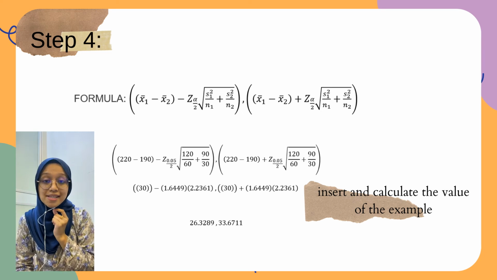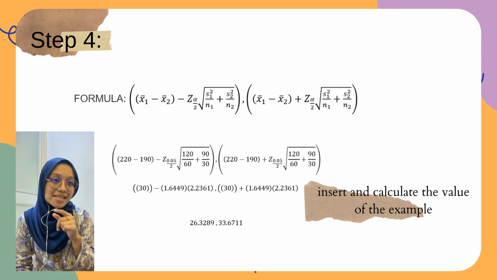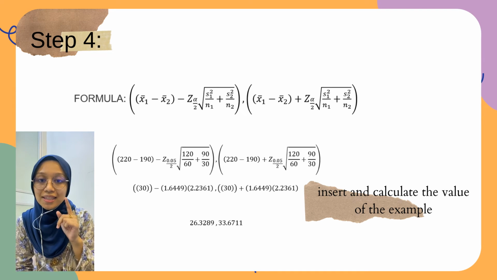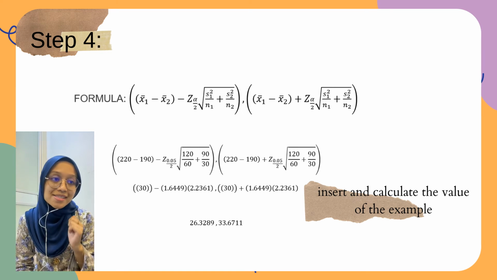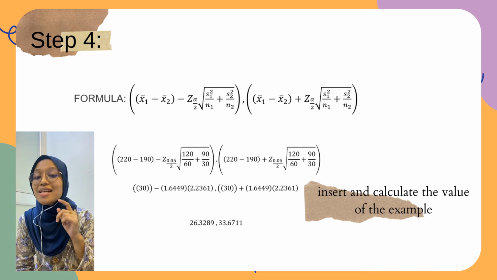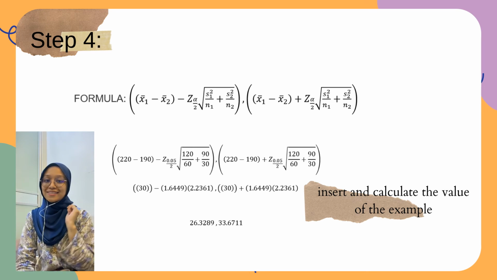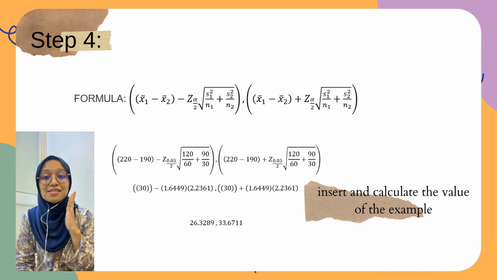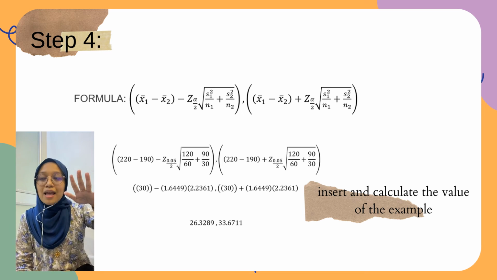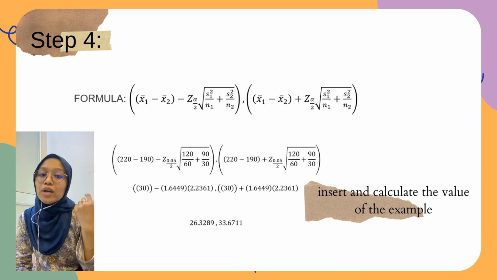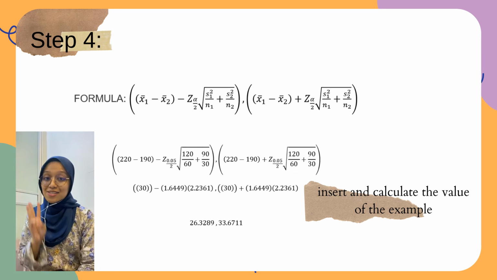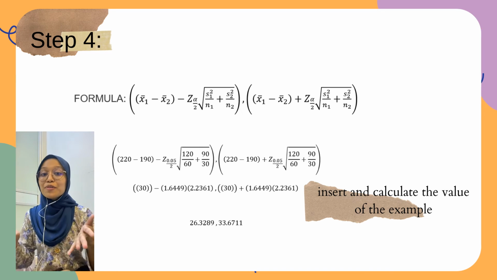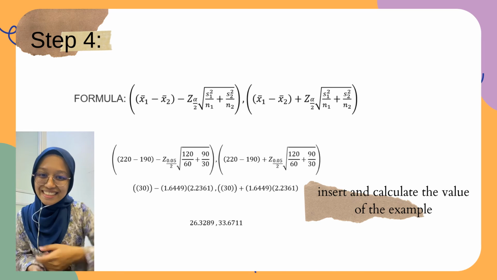The first answer is 26.3298 and the second answer is 33.6711. So this is the solution, and step by step you need to calculate from these cases, which is case 3. So we move to the next example.